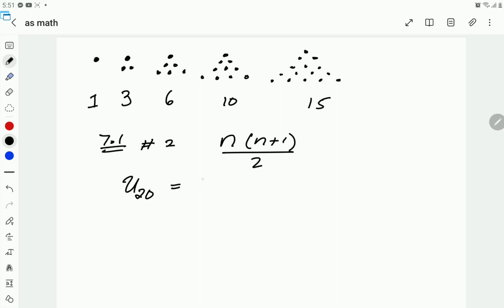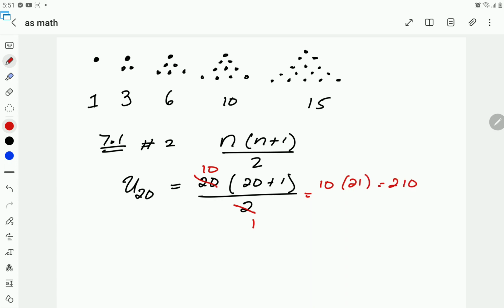So u sub 20 is just 20 times 20 plus 1 all over 2. You can cancel the 20. That is 10. That is 1. So therefore, this is now equal to 10 times 21, which is equal to 210. So therefore, if you have 210 dots, then you will still create a triangle.